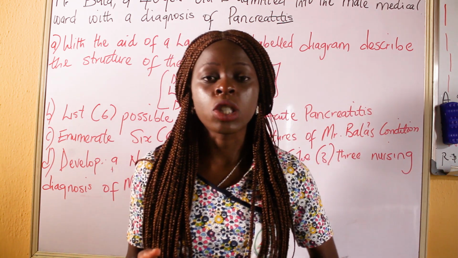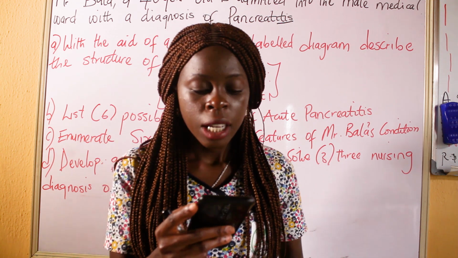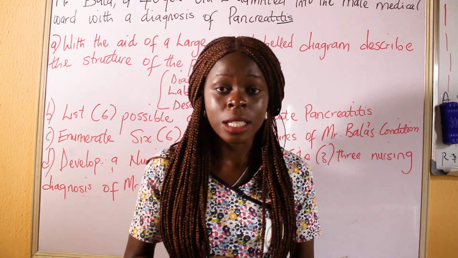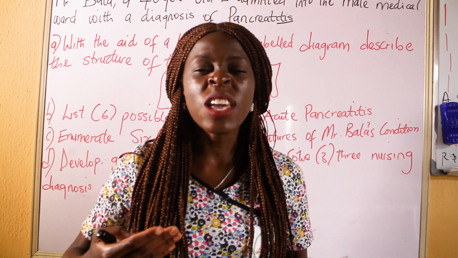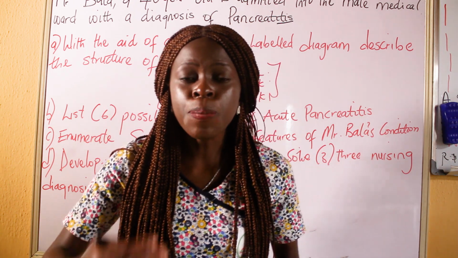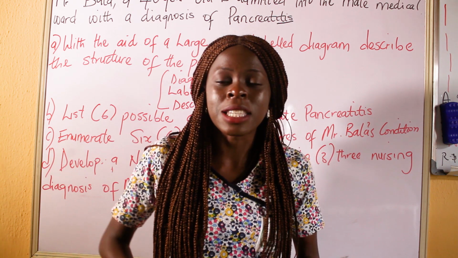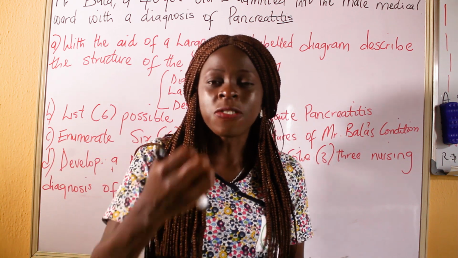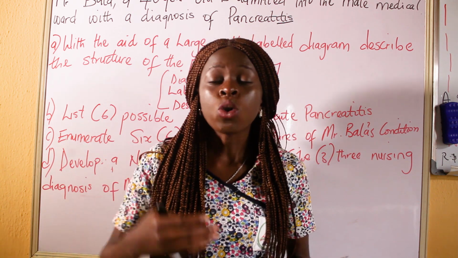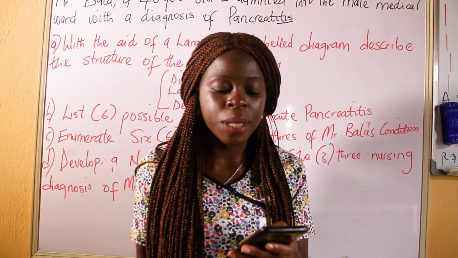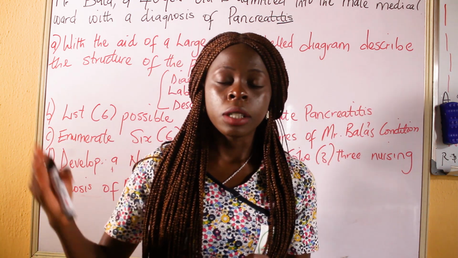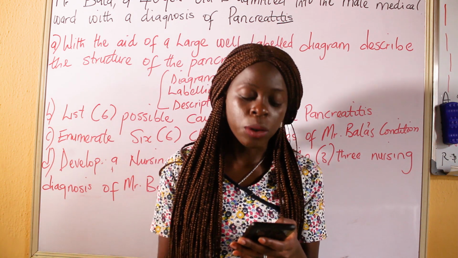Those can result in issues with the pancreas. Then autoimmune disease. Whenever you hear autoimmune, it simply means the body is fighting against itself. So autoimmune disease such as type 1 diabetes can actually result in pancreatitis.